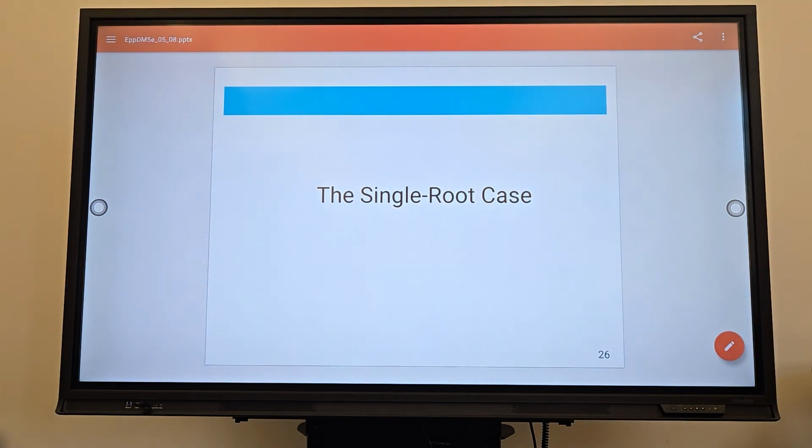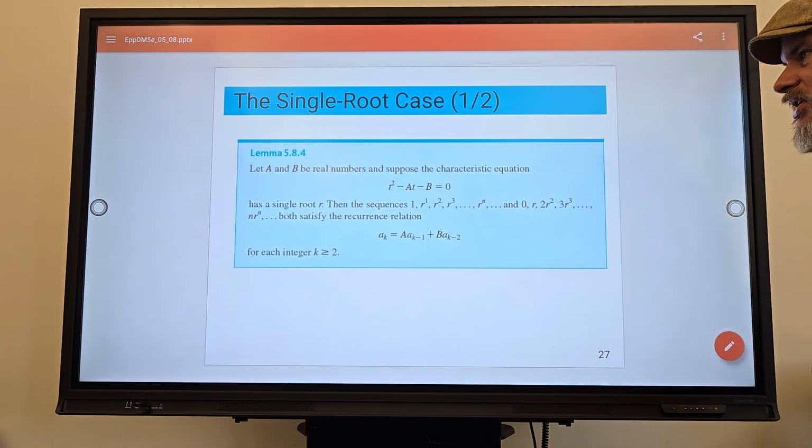Now, the single root case. Let a and b be real numbers, and suppose the characteristic equation t squared minus at minus b equals 0 has a single root.